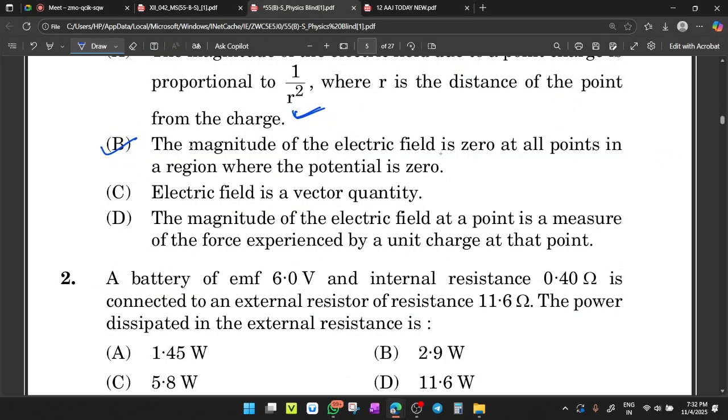Second, the magnitude of electric field is zero at all the points where the potential is zero. Exactly, where the potential is zero, the magnitude of electric field is zero, because the formula E equals minus dV by dr is the relation between electric field and potential.